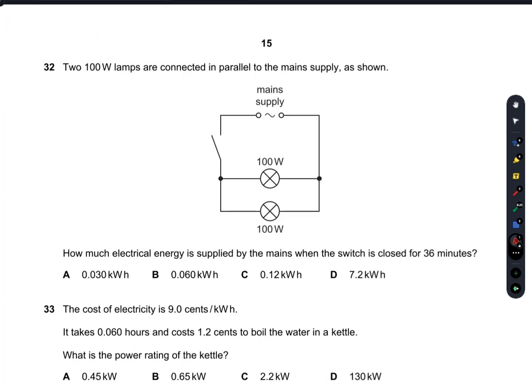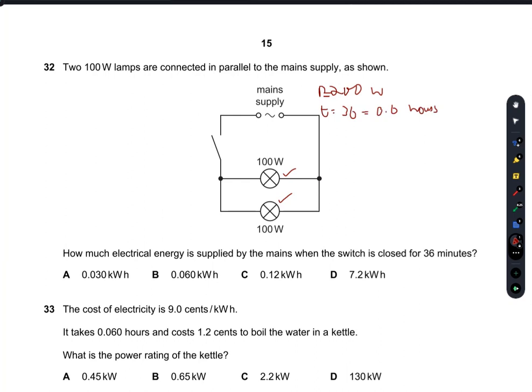Two 100-watt lamps are connected in parallel to the mains supply. How much electrical energy is supplied by the mains when the switch is closed for 36 minutes? So there are two lamps of 100 watts each. So there is a power of 200 watts, whereas the time of use is 36 minutes, which is equal to 0.6 hours.